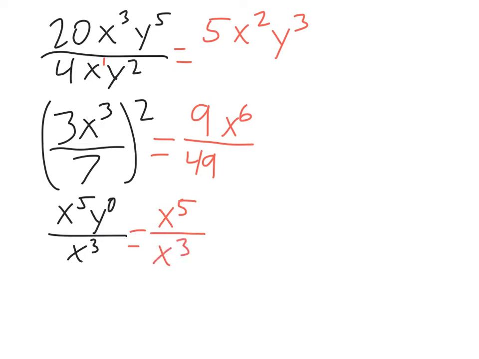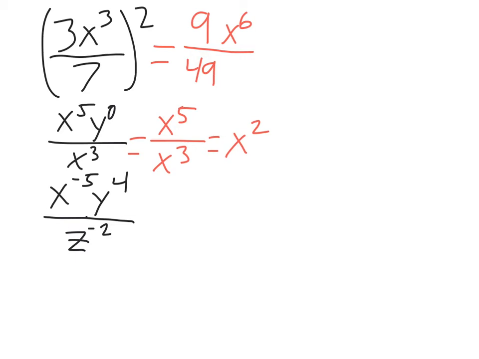Those two stay. Y to the 0 just becomes 1, and anything times 1 is itself. So this pretty much just disappears because it's just 1. And then we have to simplify this. 5 minus 3 is 2, so this is going to be x squared.